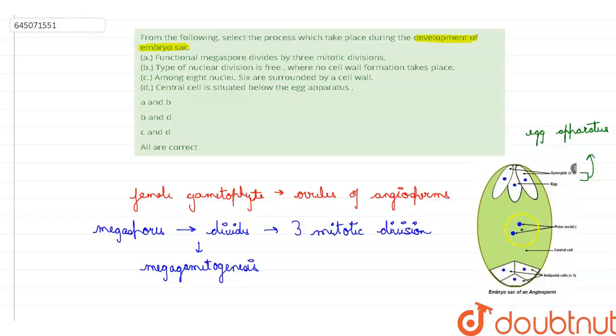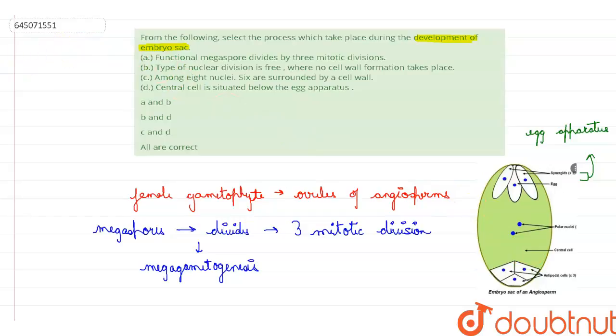You can see here that there are 8 nuclei, 1 2 3 4 5 6 7 8, but there are 7 cells because one cell has 2 nuclei, which is why they are known as polar nuclei. The polar nuclei move to the center and combine, generating a single diploid cell at the center of the embryo sac. This single diploid cell then fuses with the sperm to generate the diploid endosperm.